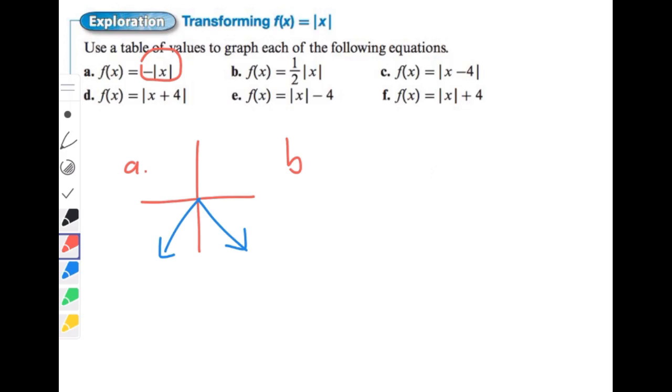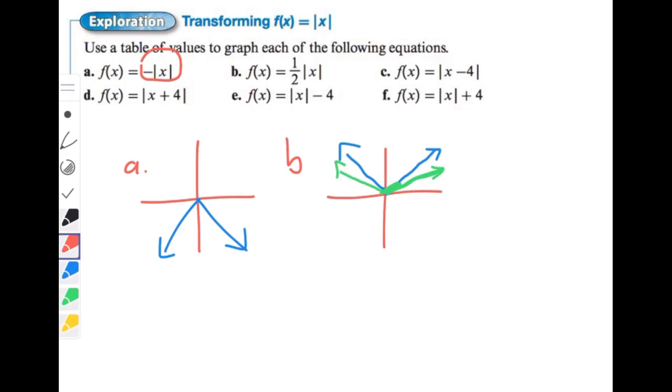Normally for this one, I'll try to draw the normal absolute value graph. And then a vertical compression would just mean that it's half the height. Okay, so it's flattened by a factor of a half.